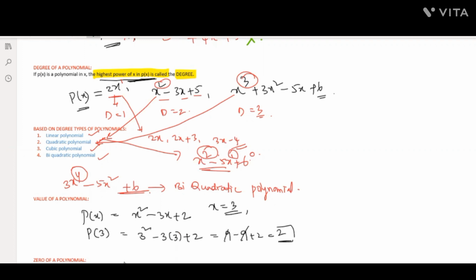So this is called the value of this polynomial at x is equal to 3. The value of a polynomial is always defined at a particular value of x.